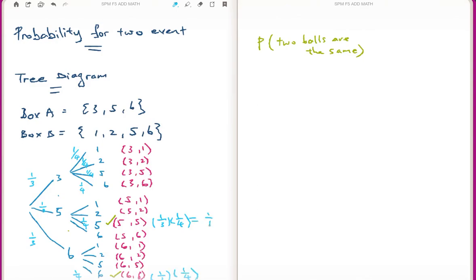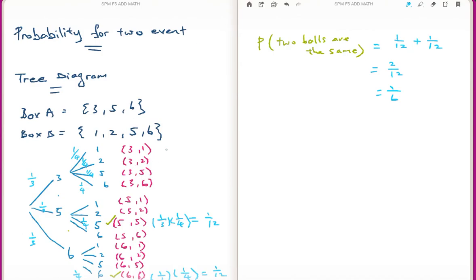So this is 1/12, and this is 1/12. Therefore the possibility of getting the same number is 1/12 plus 1/12, for 5, 5 and 6, 6. Therefore it is 2/12, which is 1/6.